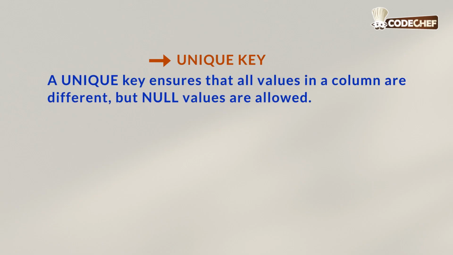Next is unique key. A unique key ensures that all values in a column are different, but null values are allowed. So when we expect a column to have no repetition in its values, or all unique values, but it can have null values, then that column can be set as unique key.